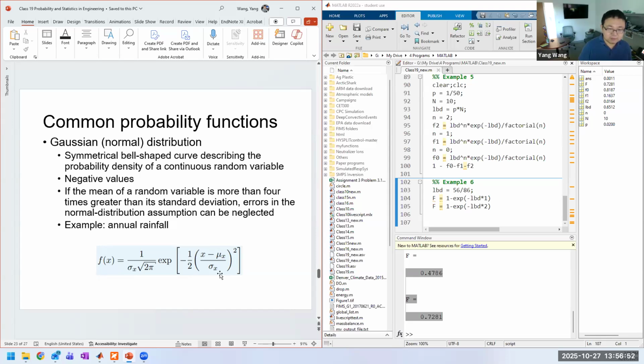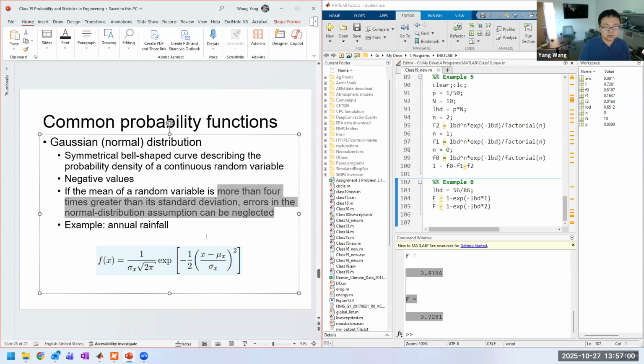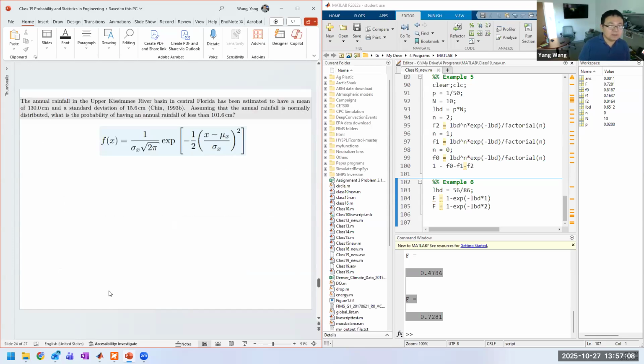At the same time, the mean value is much larger than the standard deviation, more than 4 times greater. Then we can ignore the probability of having negative rainfall.